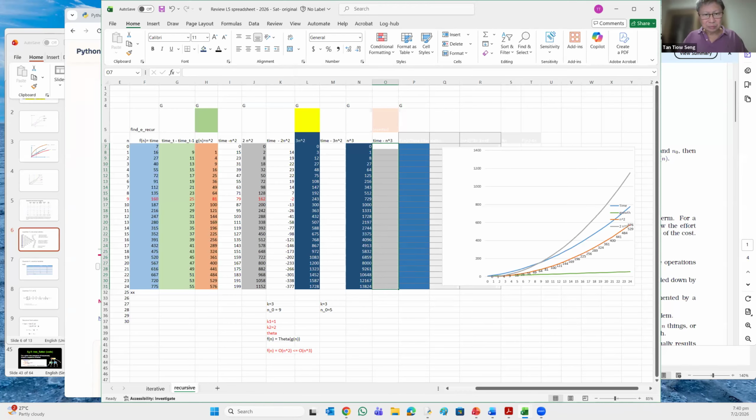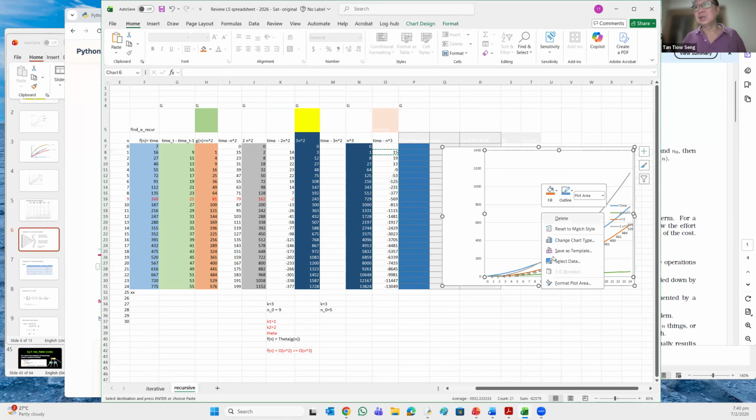So this should be equal to time here minus the n cube here. You see, very soon you get all the negative, which means that n cube is on top of him. Let's see.